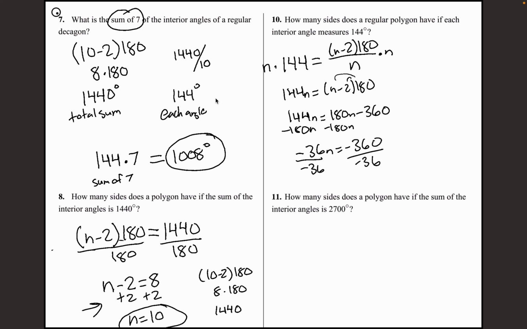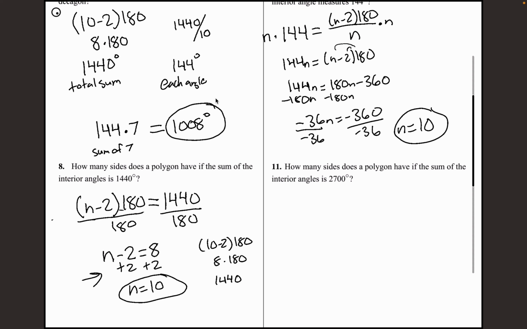And what do we get? Perfect. Now, the biggest thing is on this, we're dealing with some negatives. Can I ever have a negative amount of sides? No, your answers should never have a negative. So make sure you never have a negative answer.